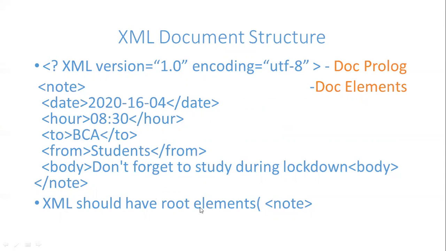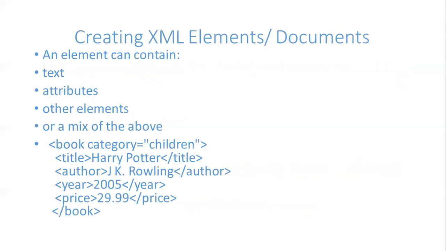The basic requirement is that the XML should have a root element. These can be repeated. You can have multiple date, hour, to, from, body elements within one root element. You can have one root element and then multiple sub elements.